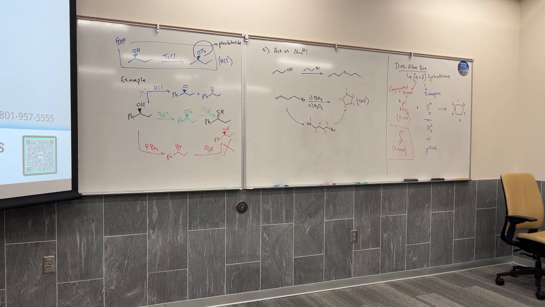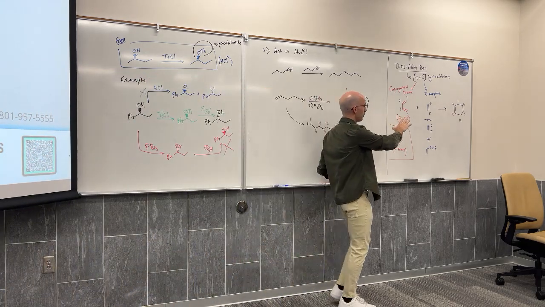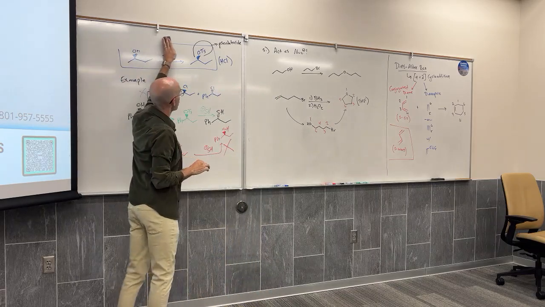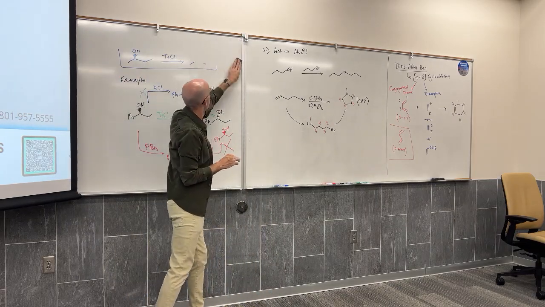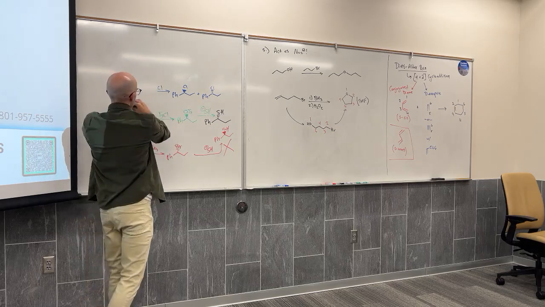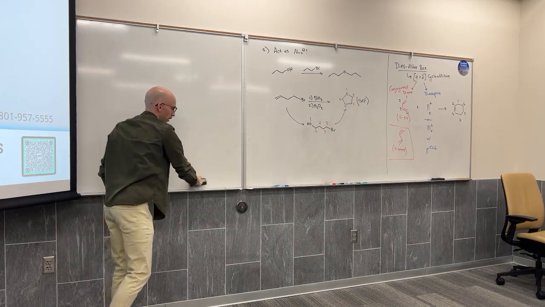So there's a degree of unsaturation consumed, but there's a degree of unsaturation transformed from a pi bond to a ring. So this is your template, the simplest Diels-Alder product. Every Diels-Alder product has this cyclohexene template.